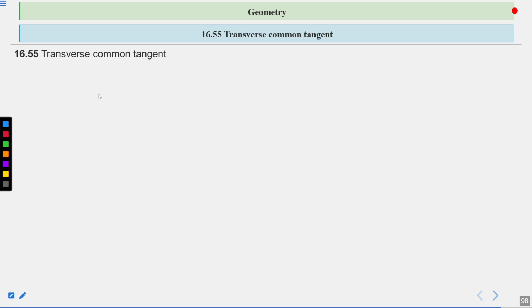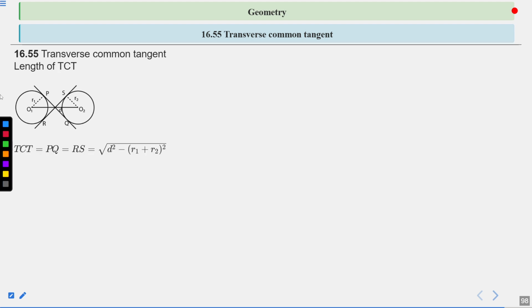Transverse common tangent. This is the diagram of the transverse common tangent, where the centers of the circles are O1 and O2, and PQ and RS are the two transverse common tangents.